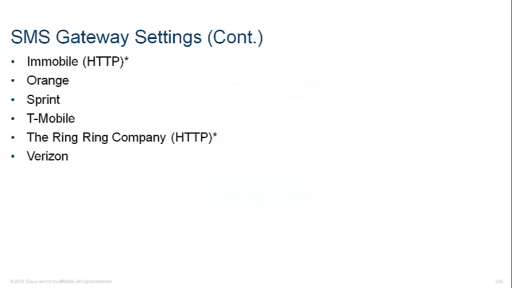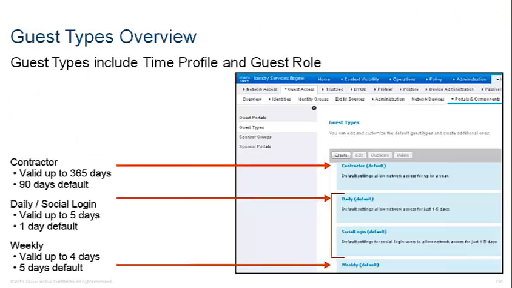And Orange. Who is Orange? They're in the UK. I don't remember those slides. Some of these I remember, some I don't. So I probably won't forget that one now.